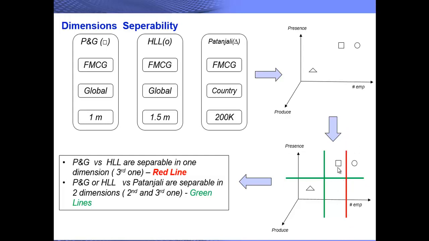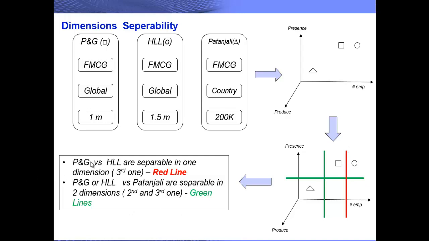So for Patanjali versus P&G or HLL, you have two dimensions on which you can separate them out. When it comes to comparing Procter and Gamble and HLL, you have one dimension, the number of employees, to separate them from each other.